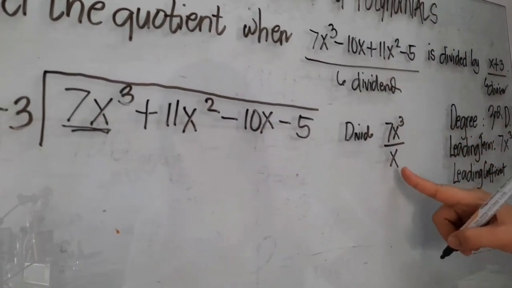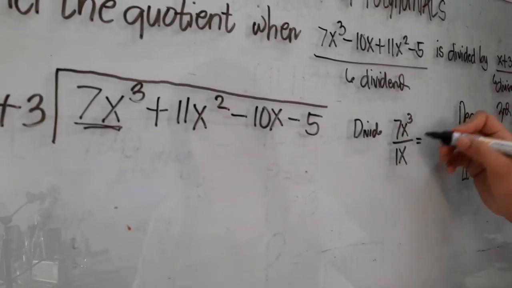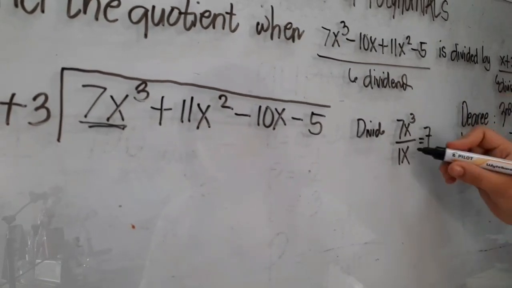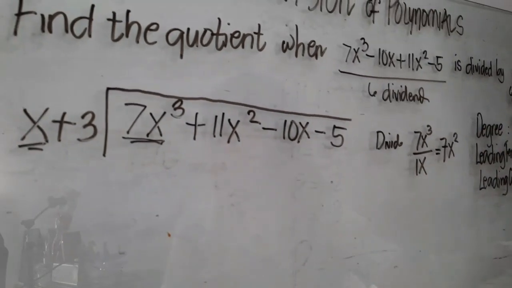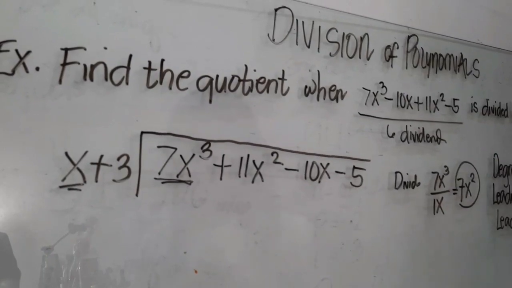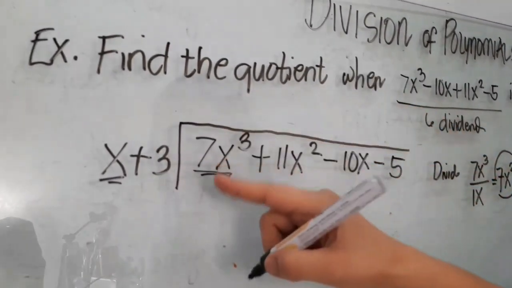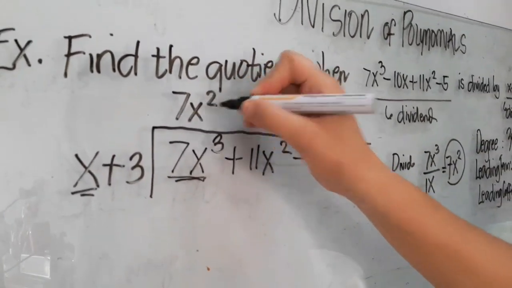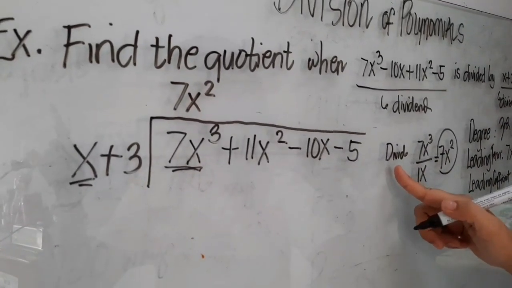What is the answer? Of course, 7, there is no number here, it means 1. 7 divided by 1, so the answer is still 7. X cubed divided by x, of course, the answer is x squared. Got it. Your answer, which is 7x squared, will be written at the top of your dividend. So, we'll have 7x squared. That's it. You are done with your first step, which is divide.